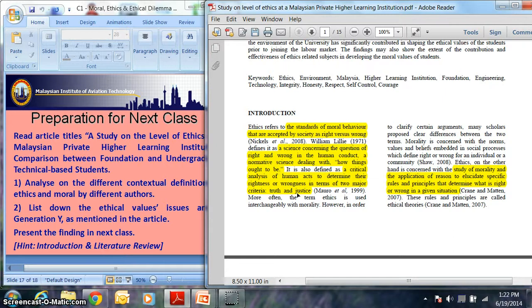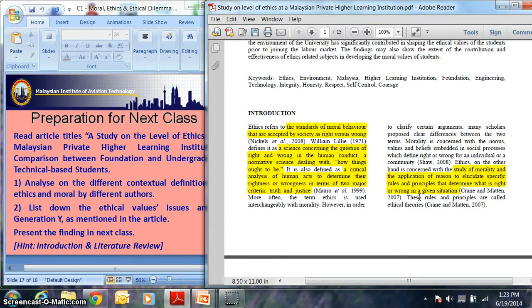We look into definition number 3 from Crane and Martin. They said ethics is a study of morality and the application of reason to elucidate specific rules and principles that determine what is right or wrong in a given situation. Same.